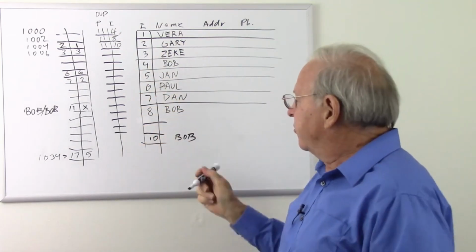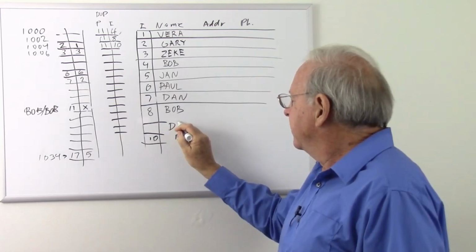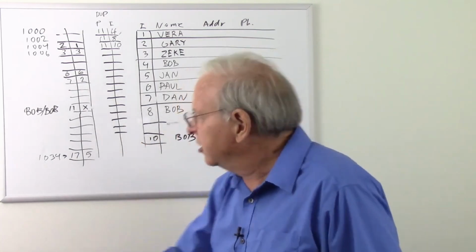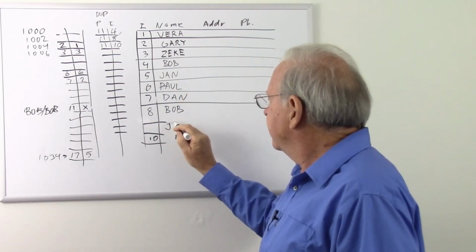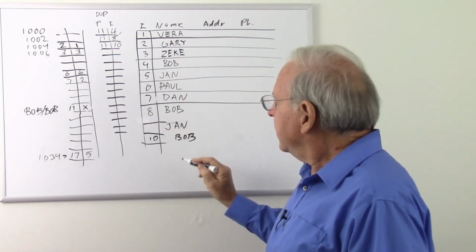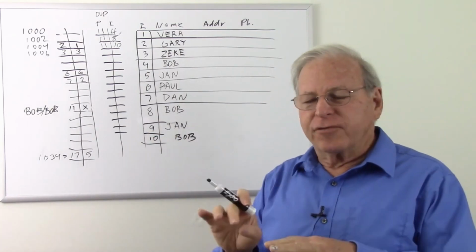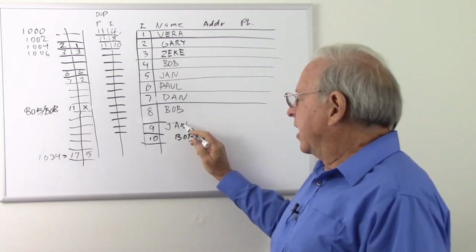So for example, let's say I get another Dan. Don't want to do Dan because he collides with Bob. Let's say we get another Jan. So that's going to be number 9. So we ask for Jan, give me Jan. Jan is hashed.